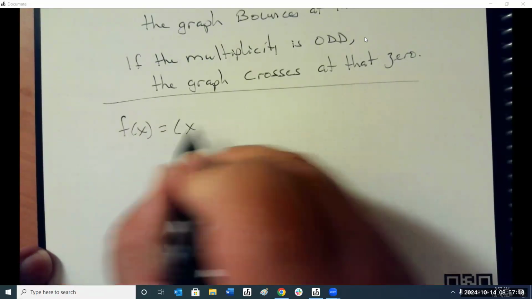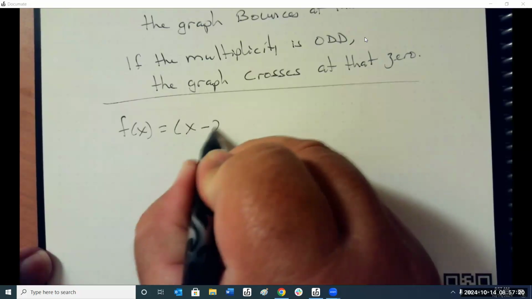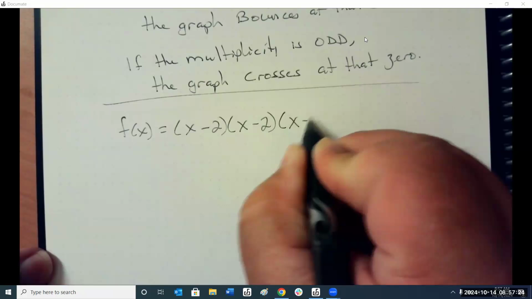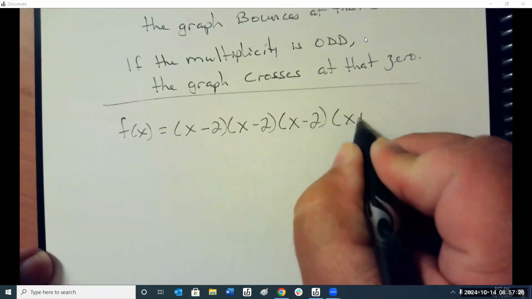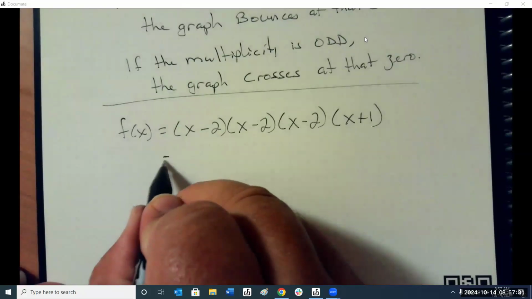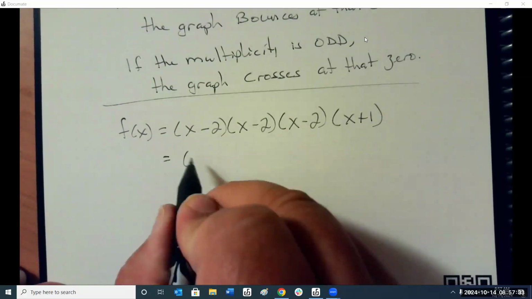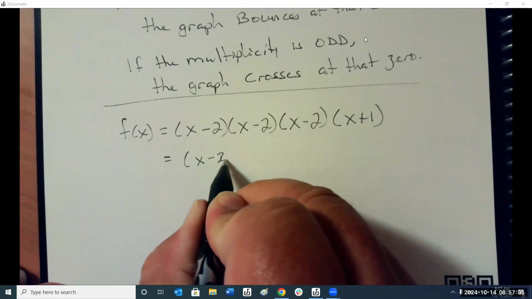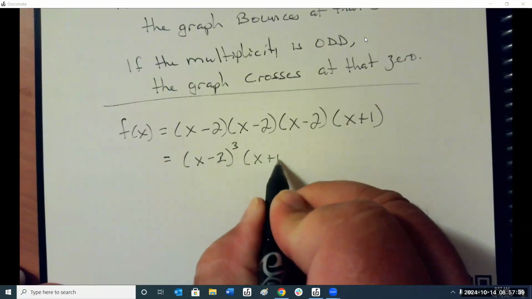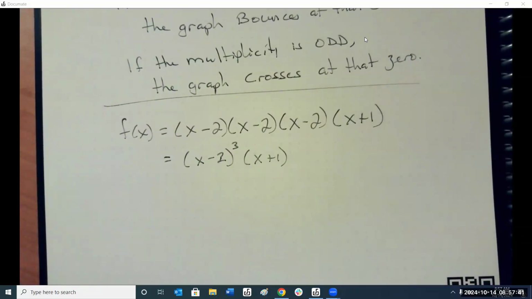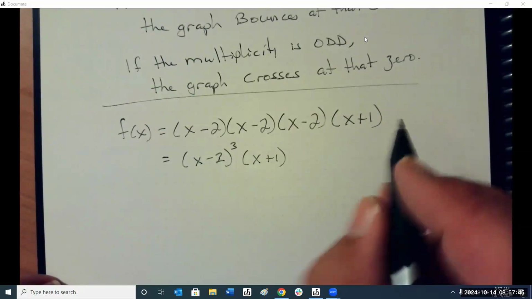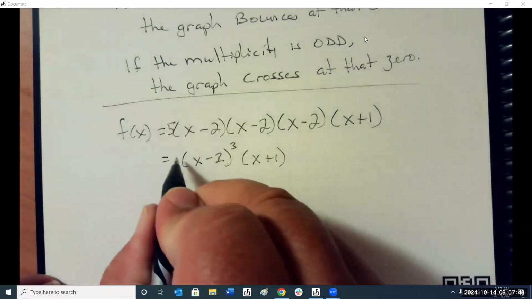If I had (x minus 2)(x minus 2)(x minus 2)(x plus 1), we have 3 of those, so it's (x minus 2) to the third. Then we have the x plus 1. Okay, that's fine.